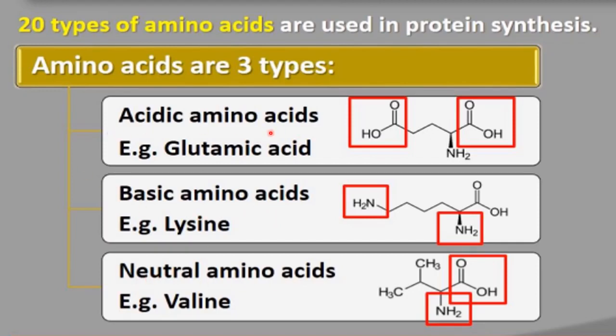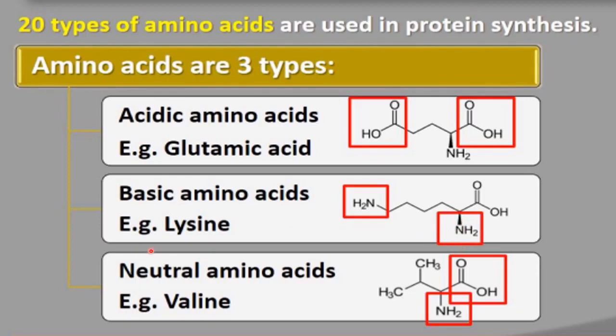Acidic amino acids have an extra acidic group, like glutamic acid. Glutamic acid is an acidic amino acid. Basic amino acids have an extra basic group, that is an amino group.